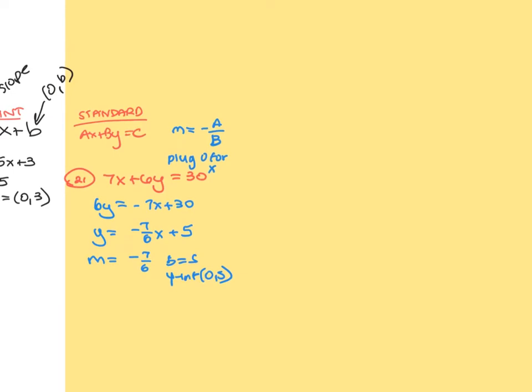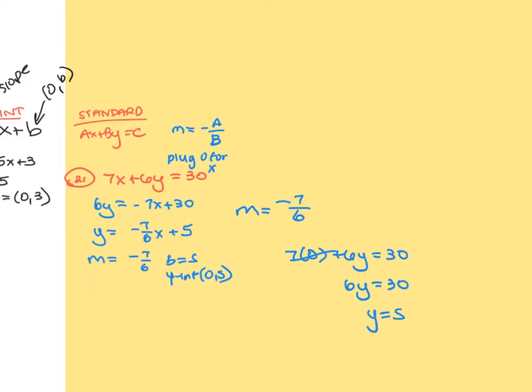Or, like I said, you can use -a over b, -7 over 6, that's your slope. And then if I plug 0 in for x, I get 6y equals 30, and y would equal 30 divided by 6, which is 5. So either way, you get the same answer.